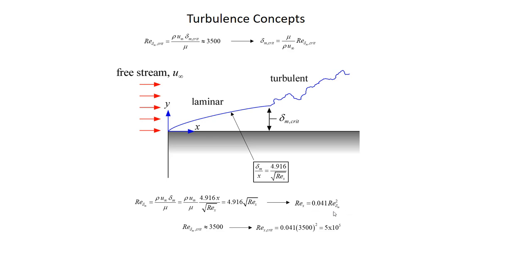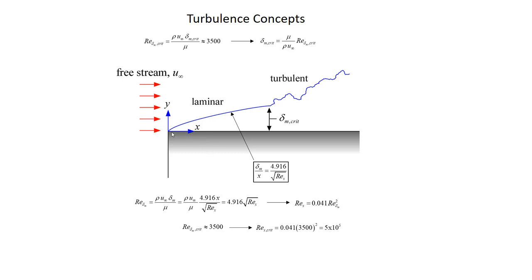So if my critical Reynolds number based on the momentum boundary layer thickness is 3,500, right, then if I want to know what it is based on the position x, you just substitute 3,500 into here and you get what you're probably more familiar with, which is 5 times 10 to the 5, right?